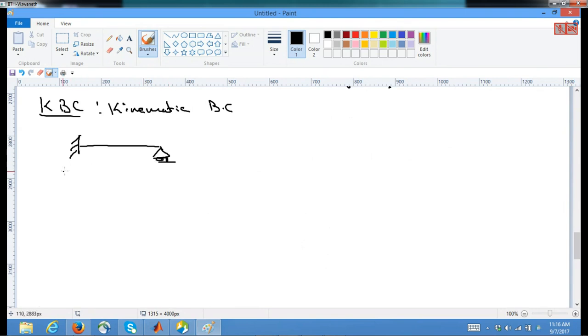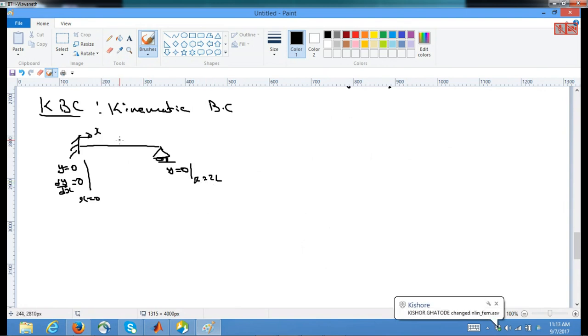If one end is fixed, that means y equals 0 and dy by dx equals 0 at x equals 0, and y equals 0 at x equals 2L. Imagine this x is measured from the global coordinates.